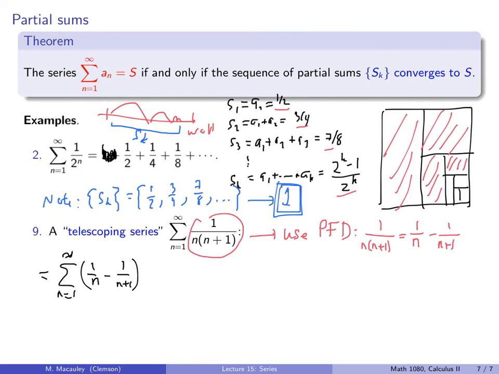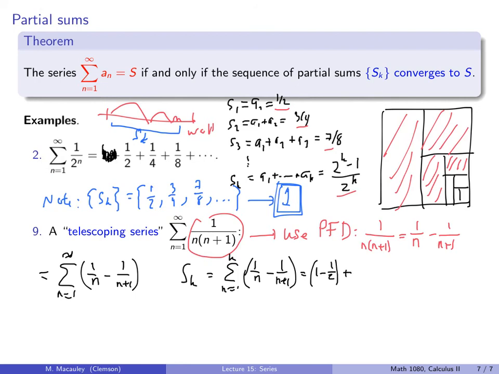So the kth partial sum Sk is the sum from n equals 1 up to k of 1 over n minus 1 over n plus 1. Let's figure out what that is. At n equals 1, that's 1 minus 1/2.